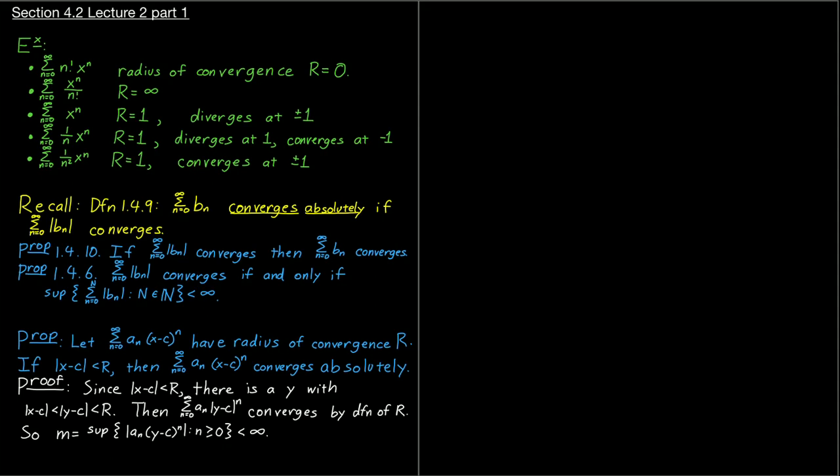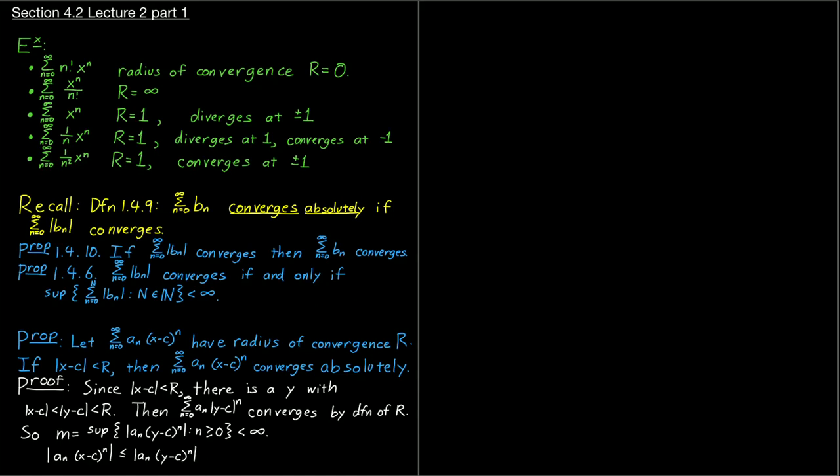Now what we're going to do is use the comparison test. So we're going to take |a_n (x - c)^n|. This is less than or equal to |a_n| times |y - c|^n, since I would really like a y - c instead of an x - c to the n.